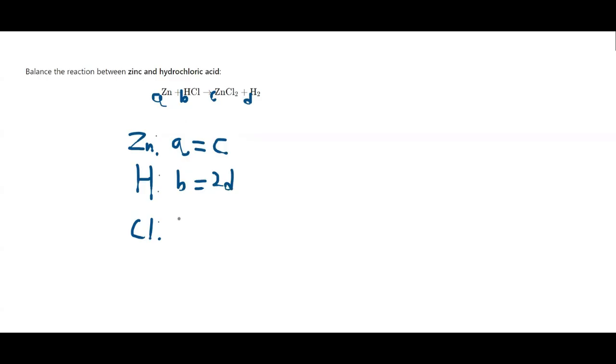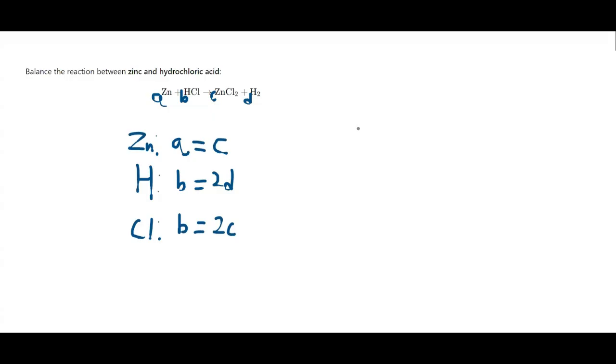For chlorine, we have B chlorines on the left side, and 2C on the right side. Just don't forget to multiply this number with the coefficient here. It's a common mistake. Some people forget to do that, so please keep in mind.